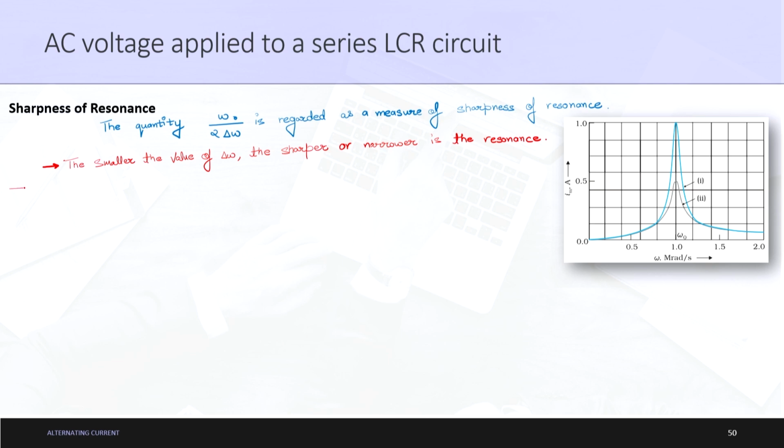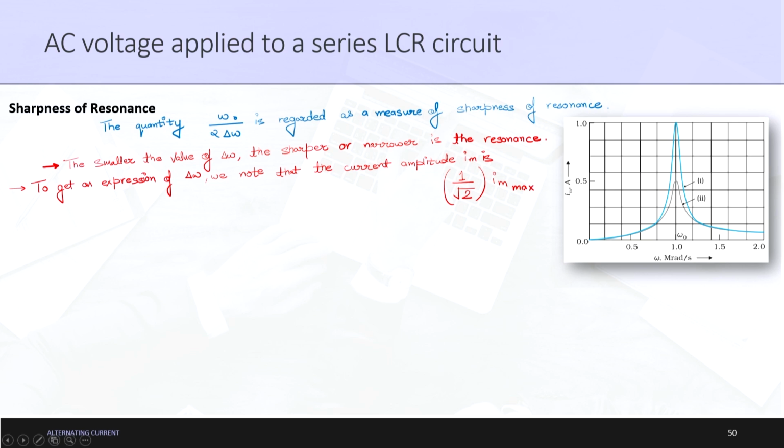Okay. Next concept now. To get an expression of delta omega, we note that the current amplitude I m is equal to 1 upon root 2 times I m max.